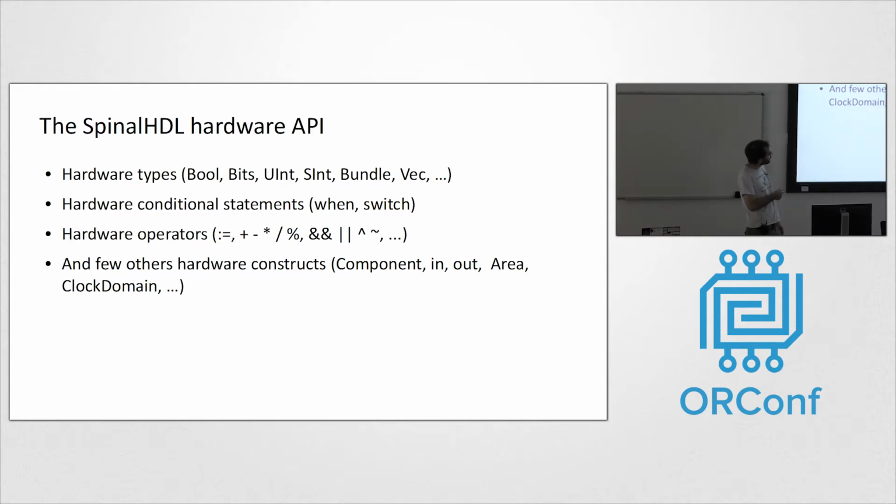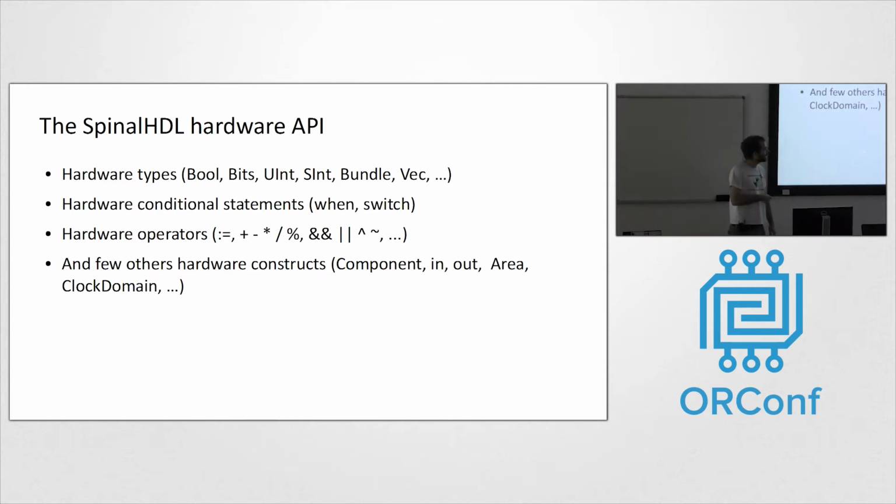Hardware conditional statements are when and switch, for instance. Hardware operators are, for example, to assign a signal or a register, it is colon-equal, which behaves like VHDL signal assignment or like Verilog non-blocking assignment. And there are a few other hardware constructs like component, in, out, area, and clock domains.